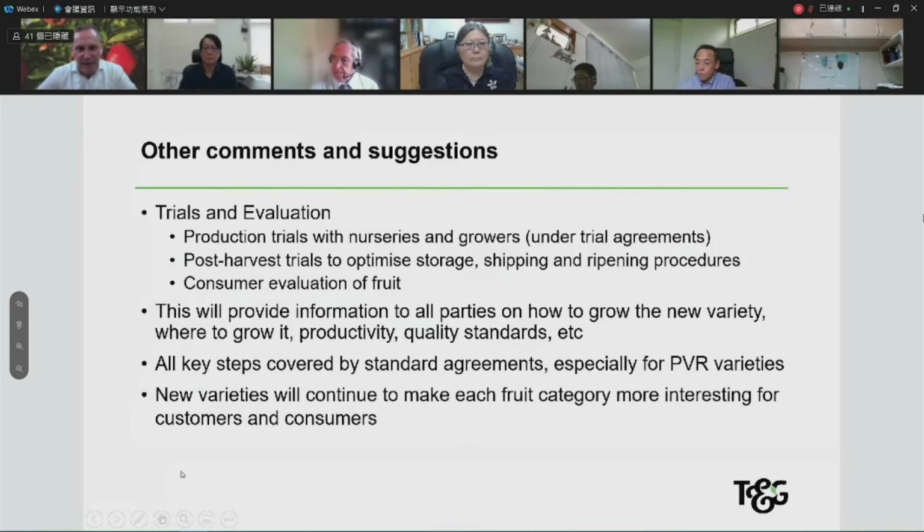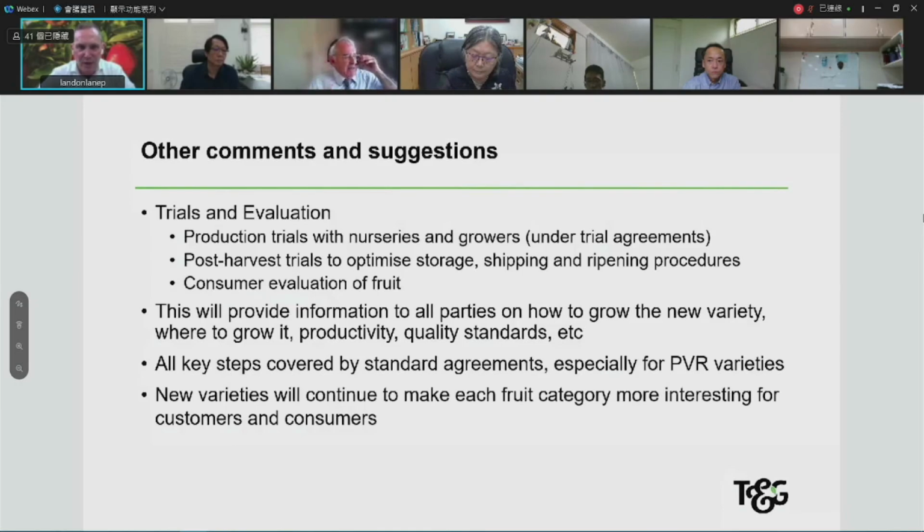One point, just finally, to conclude about trials and evaluation: this is a good investment to make in your new fruit variety, whether you're looking to grow it only at home or to take it more internationally through export or through controlled production in other countries. Because you're basically trying to get growers to invest in growing this new variety and marketers and post-harvest operators to invest in handling it.